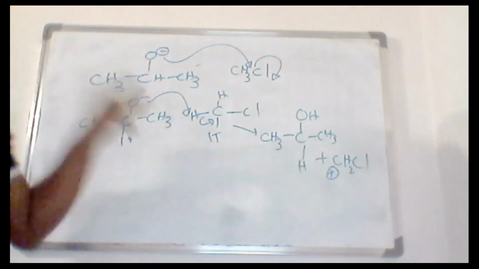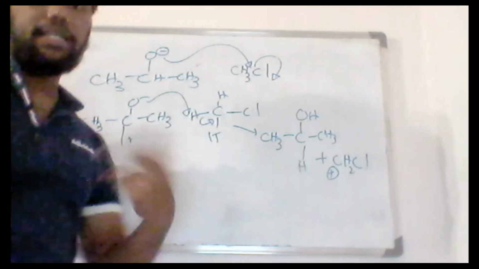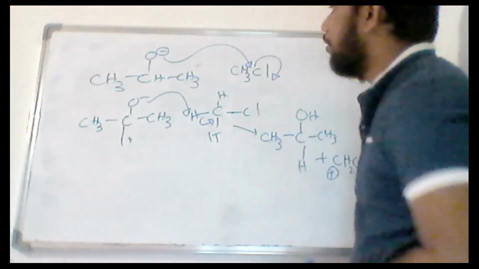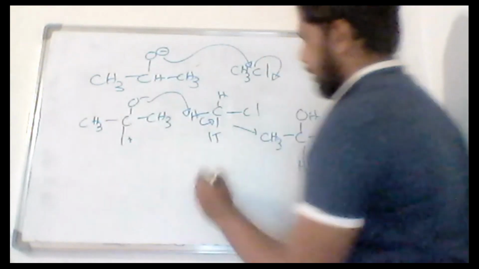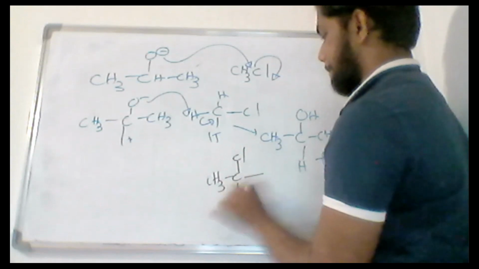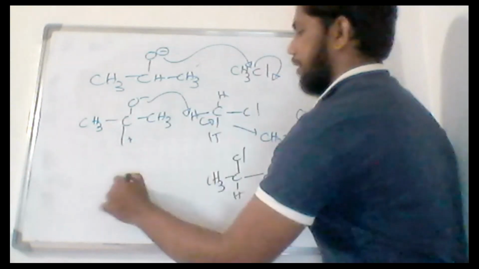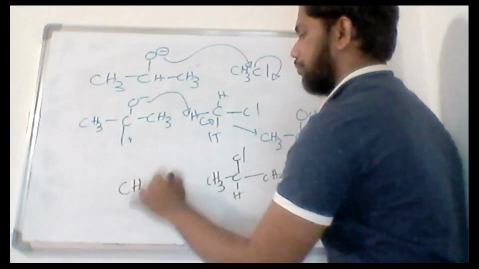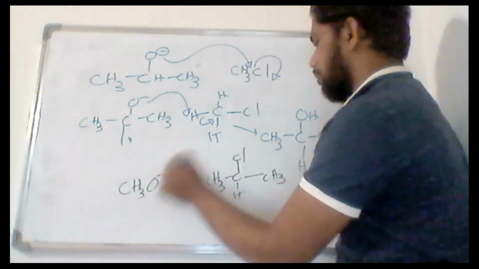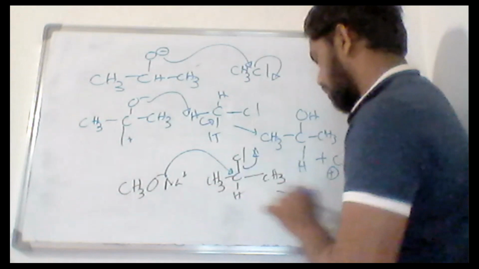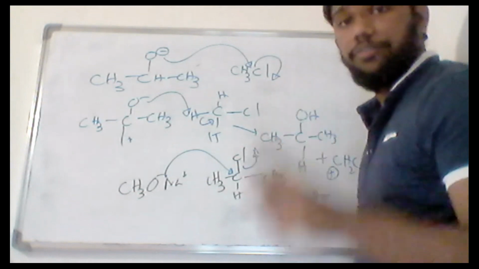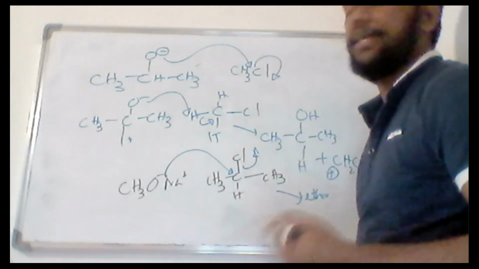Now we will think about our second pathway, where in that case we use this as our alkyl halide and this as our nucleophile. Now, according to our previous reaction, this will go here and attack this and form our ether. But don't forget, I also told you a nucleophile can act as a base.